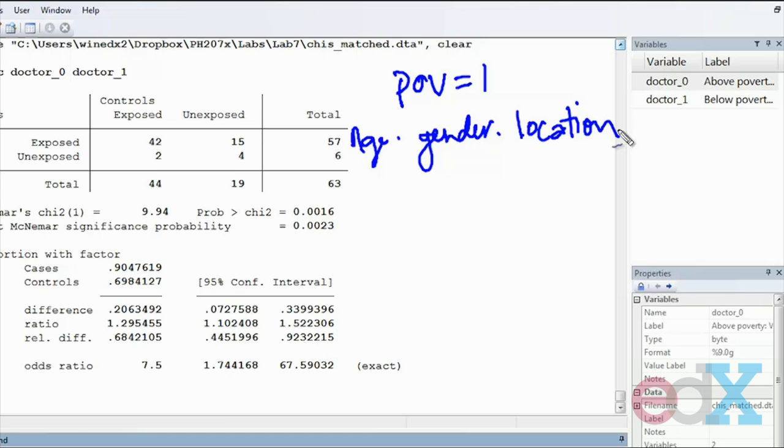There actually is a subtle difference when I've created this matched data set, because what I did is I took individuals with poverty equals 1 and using their age, gender, and location, matched them to an individual with poverty equals 0. So it's still a test of no association between poverty and visiting the doctor in the last 12 months, but it's no longer a test for general California residents.